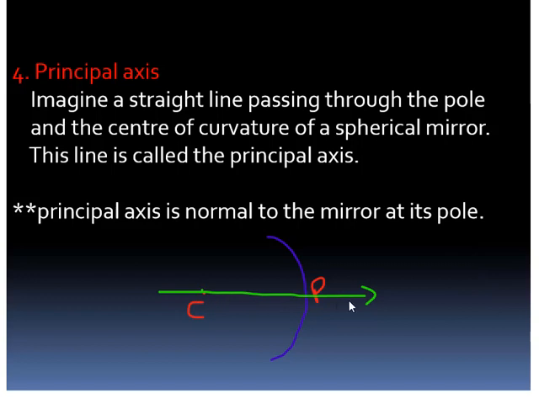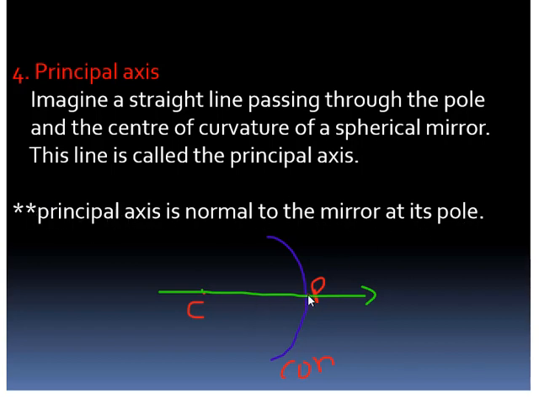Why have I taken this direction, not this direction? Because as I told you, in the case of a concave mirror, and here I am considering a concave mirror, the direction of the ray of light is inward only. So the principal axis is normal to the mirror at its pole.